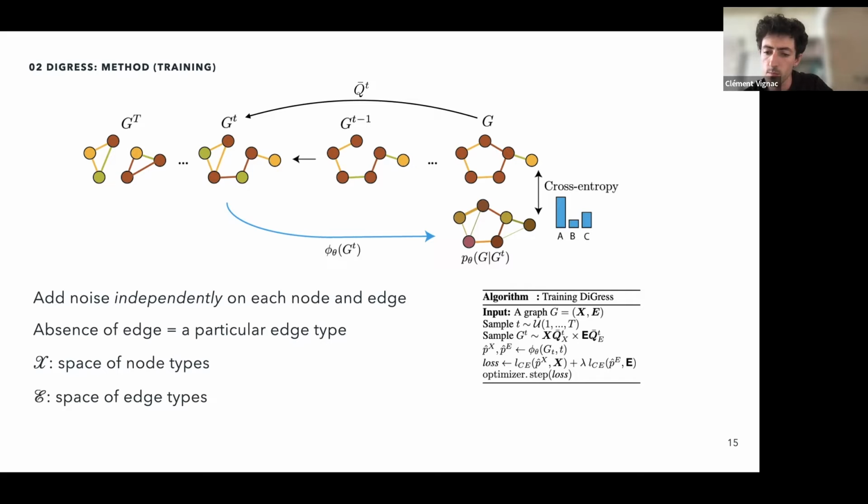So you build a tensor. X, for example, is n by a, the number of node types, and the transition matrix is a by a. So you apply the same thing simultaneously on every node and the same thing simultaneously on every edge. Is that clear?